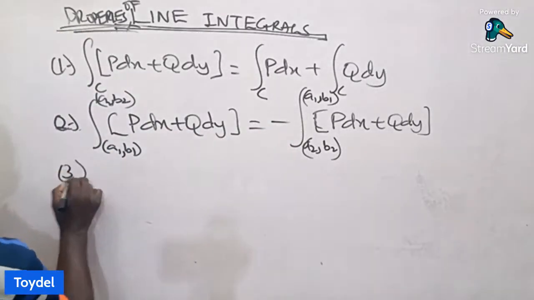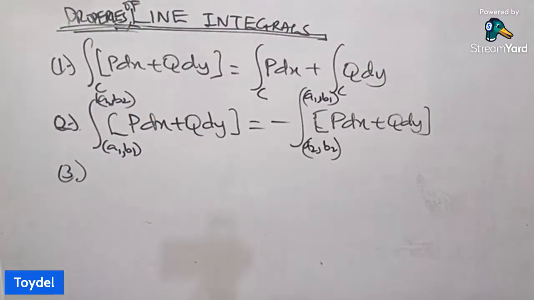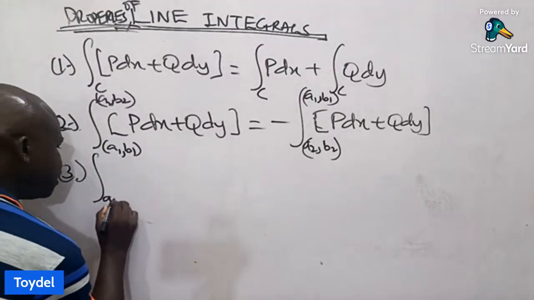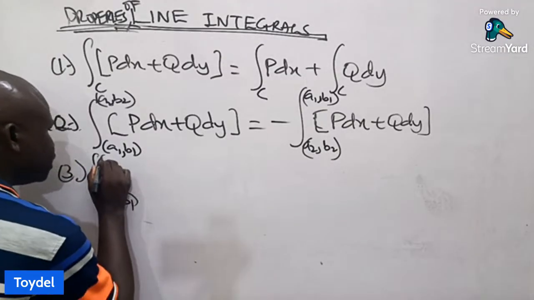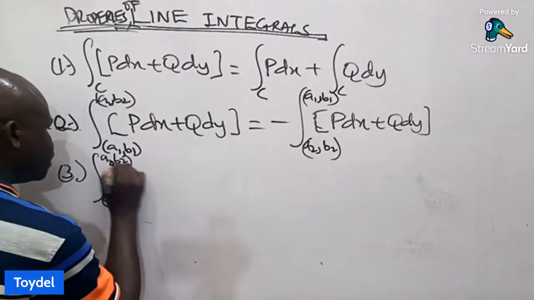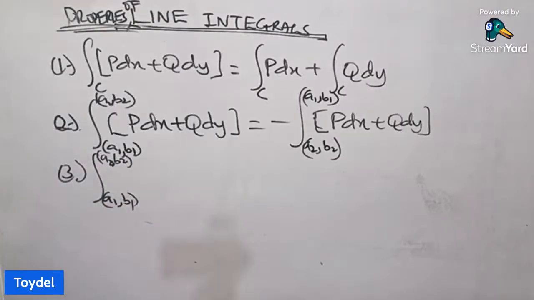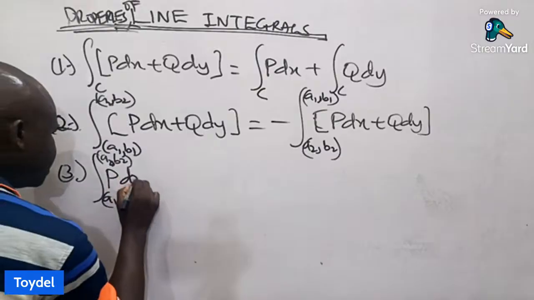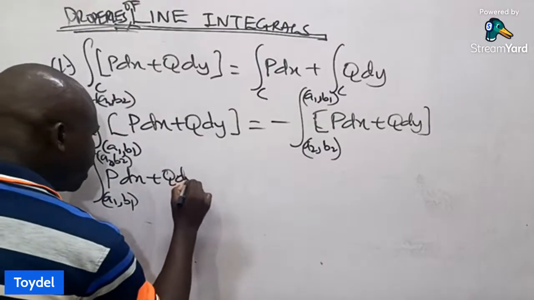Then the third property of this line integral is when we have the integral from (a1, b1) to (a2, b2) of P dx plus Q dy.